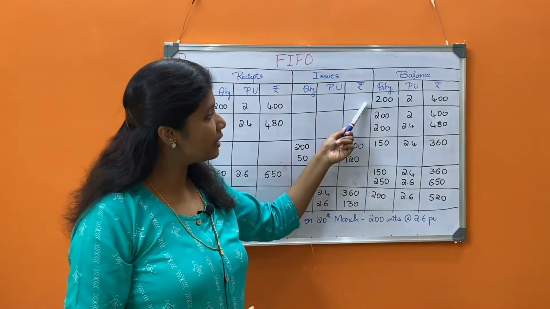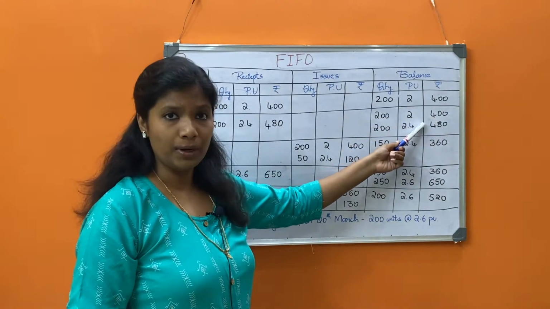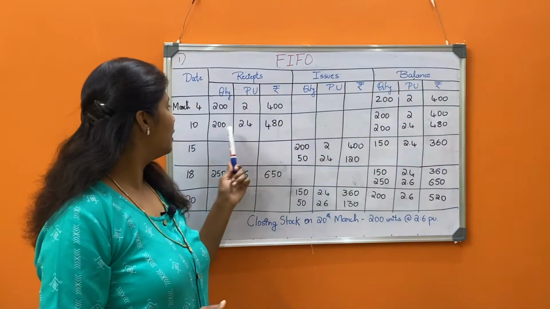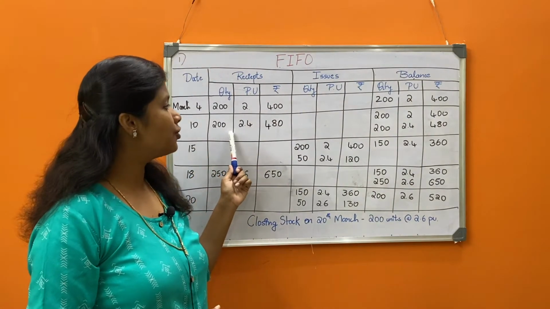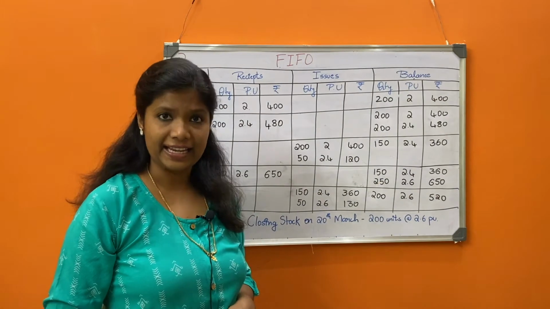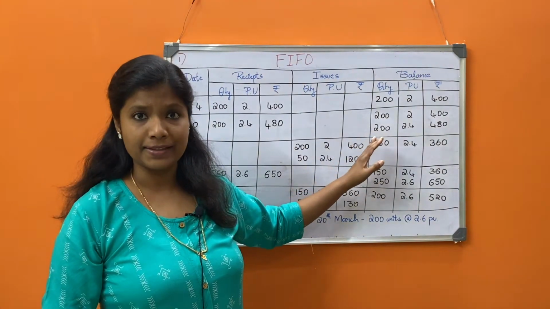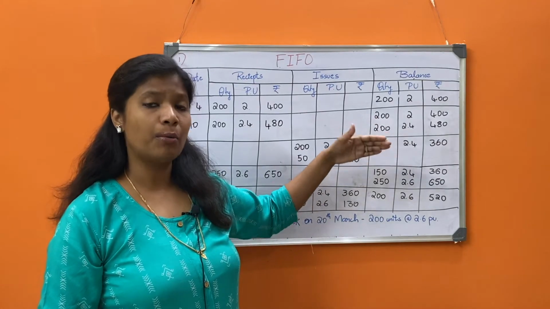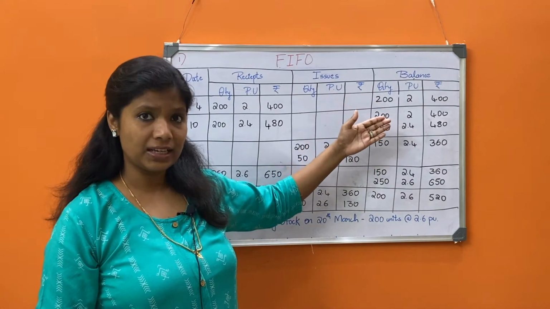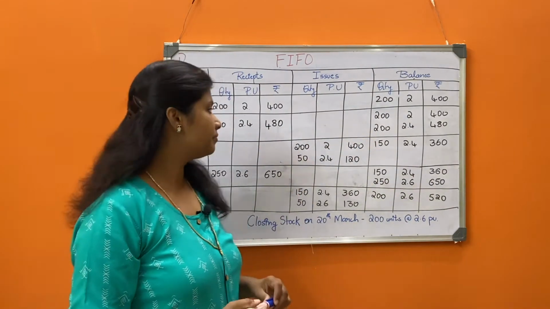What is the previous day's balance? 200 at 2, 400. Carry it forward. Then you write down 10th March balance 200, 2.4, 480 rupees. Hope you understood how to write the balances. First, carry forward what is before, and then write the present day's balance.